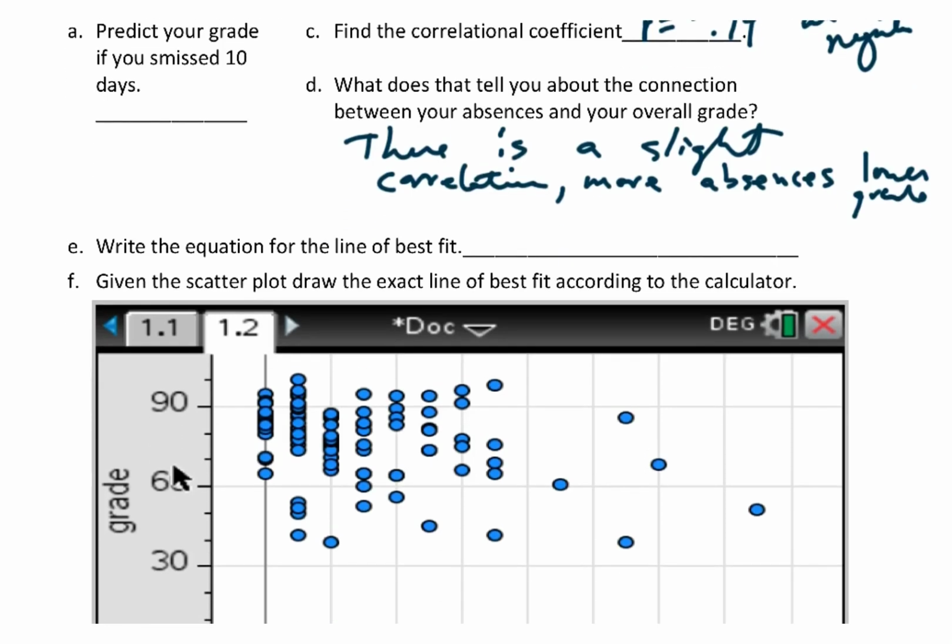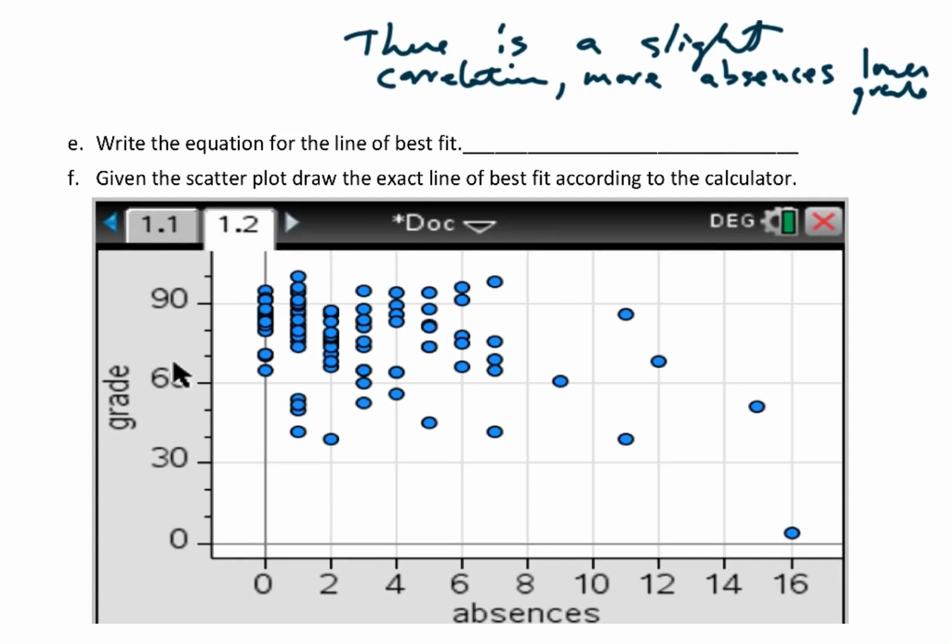Okay, so we had our line of best fit, and it looked something like starting right here. Okay, something kind of like that. Just sketching it by hand, so yours may look a little different.